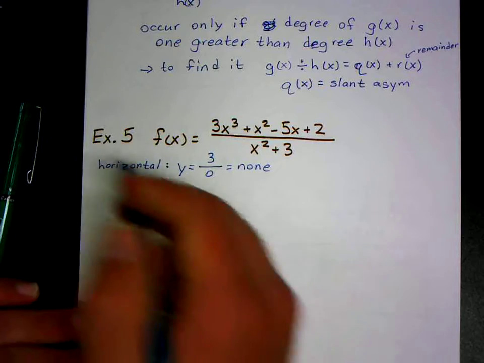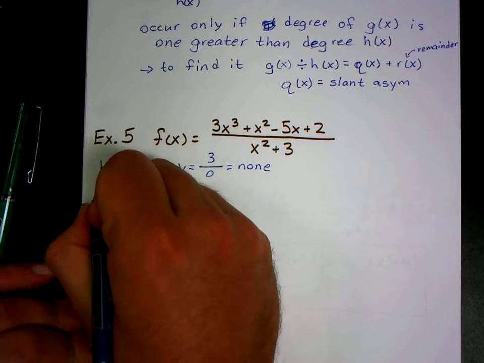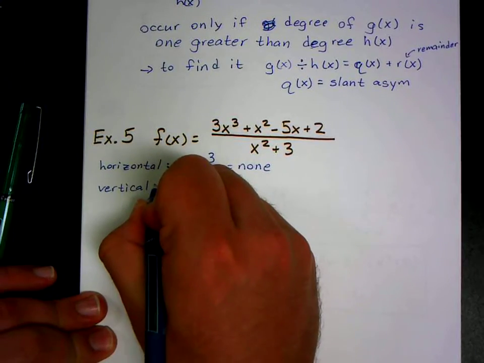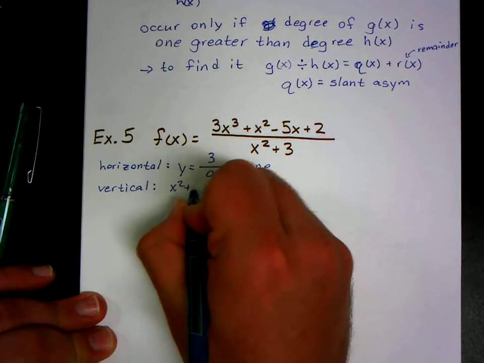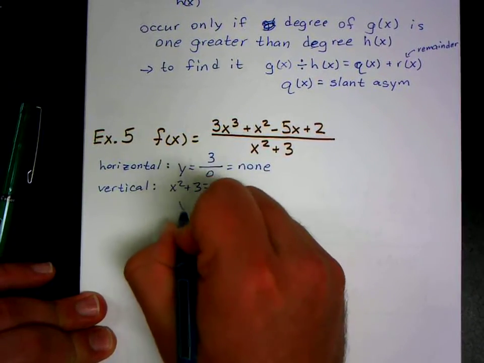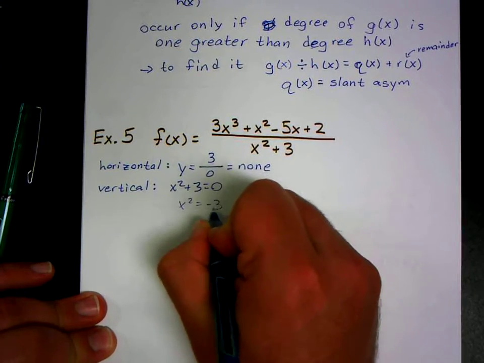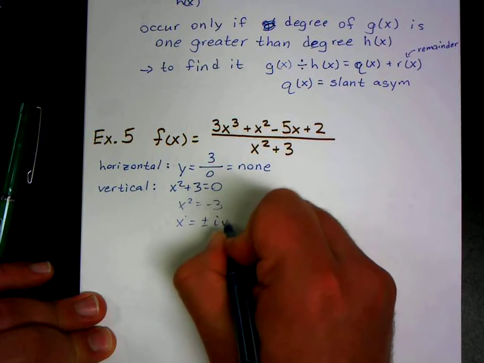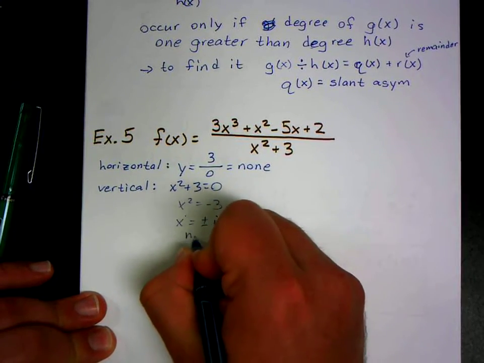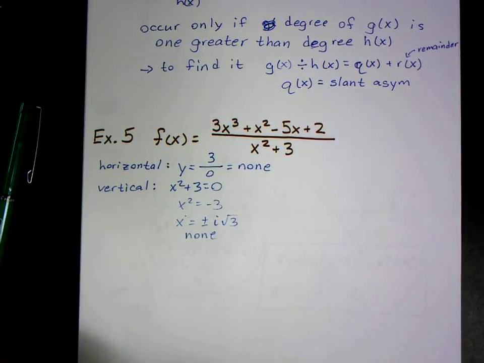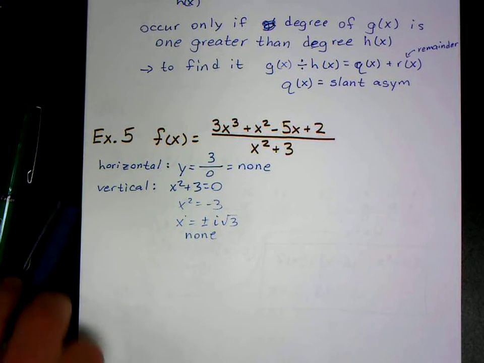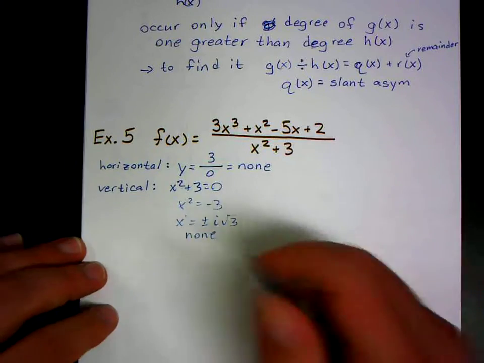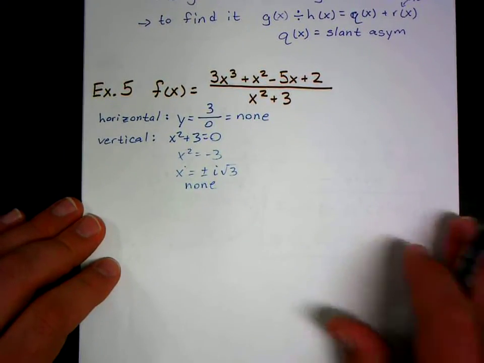Okay, so on this one, horizontal, none. Vertical, x squared plus 3 equals 0. X squared equals negative 3, so I get plus or minus i square root of 3, which means none, because I can't graph that. Okay, so I have to try my slant.